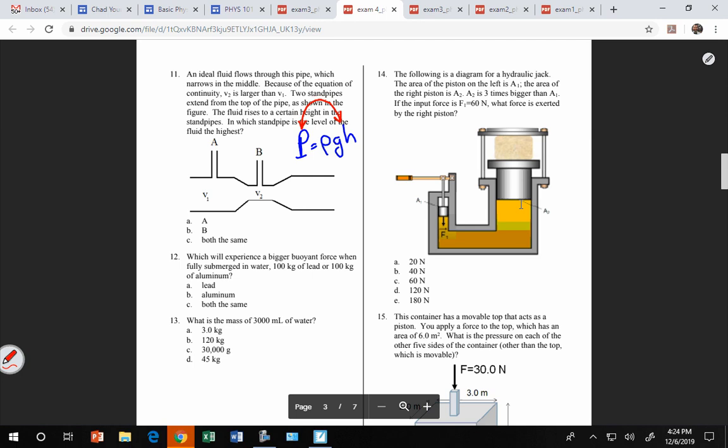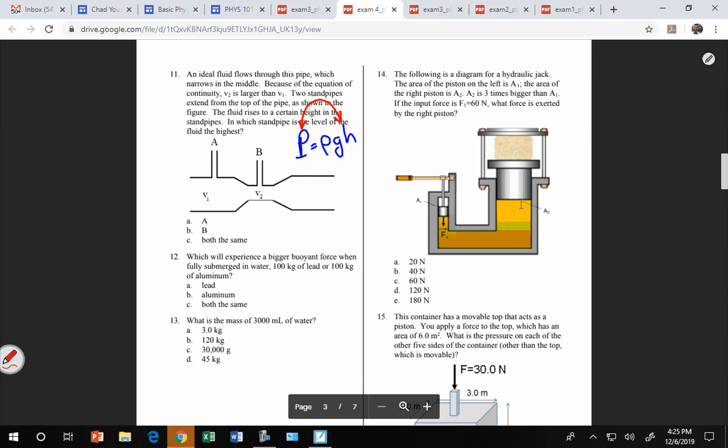It's only dependent on the density and the height of the column. So, for example, if you change the fluid, if you make it mercury or some other fluid, then that changes the height for a given pressure. Anyway, here I'm only worried about h. And so the one where the level is highest is where the pressure is highest. So I want to find the point where the pressure is highest.